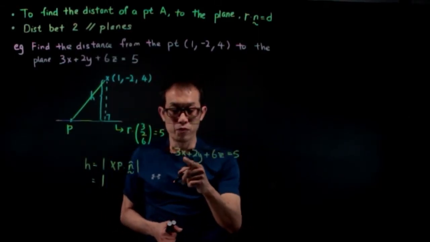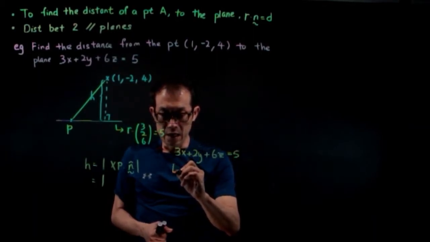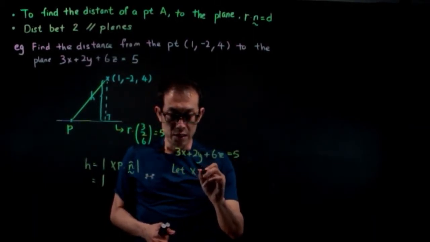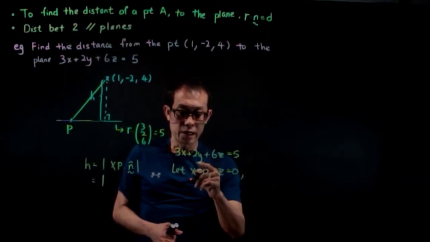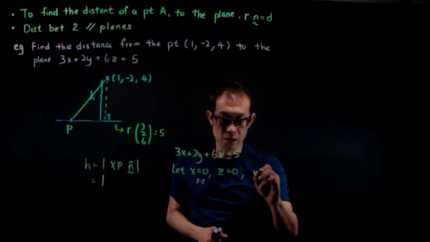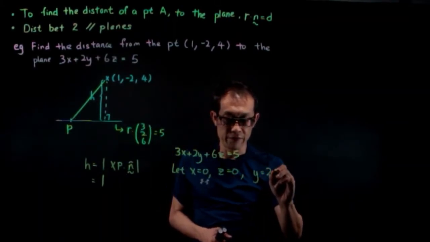Now let's say we let x equal 0 and z equal 0. Then you will find that y is equal to 2.5.